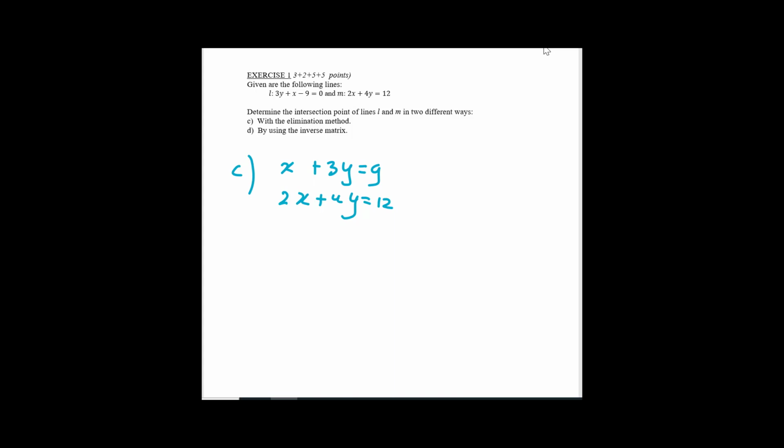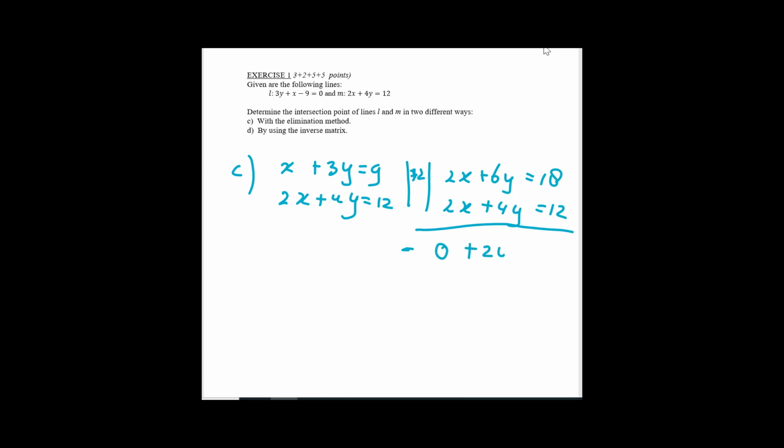If I multiply the first line with 2, then on both lines we have 2x. So let's do that. So multiply with 2 would give us 2x plus 6y being 18. And the other one we just copy. 2x plus 4y equals 12. Okay, now I can eliminate one of the two very easy by just subtracting them. So that would be 0 plus 2y would be 6.